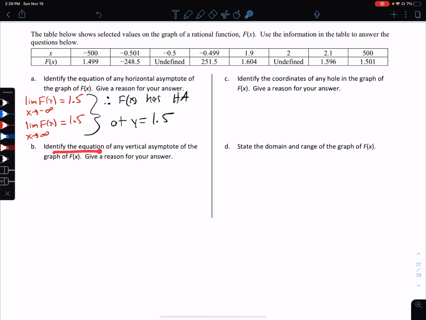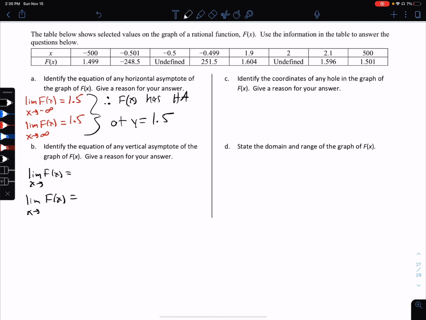B, identify the equation of any vertical asymptotes of this function. Well, to identify a vertical asymptote, here's what we need. We need some kind of a limit of this function, and this is going to either approach over here positive or negative infinity. It's one or the other. And then we're going to have another limit of f of x as x approaches some number from the left or the right.